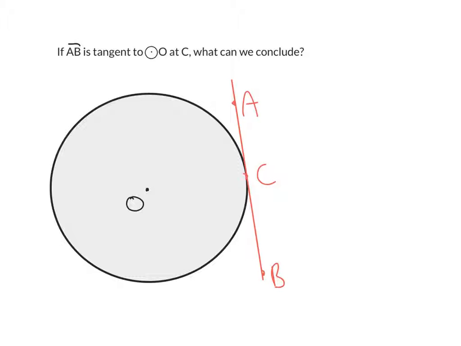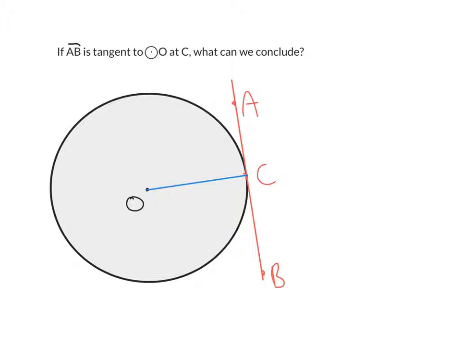Again, a very vague question, but let's talk about it. Well, what do you think? If I draw from the center to C, what do you think is true? And actually, I'm going to use a real line here. What do you think is true about that line segment, the radius, and segment AB?